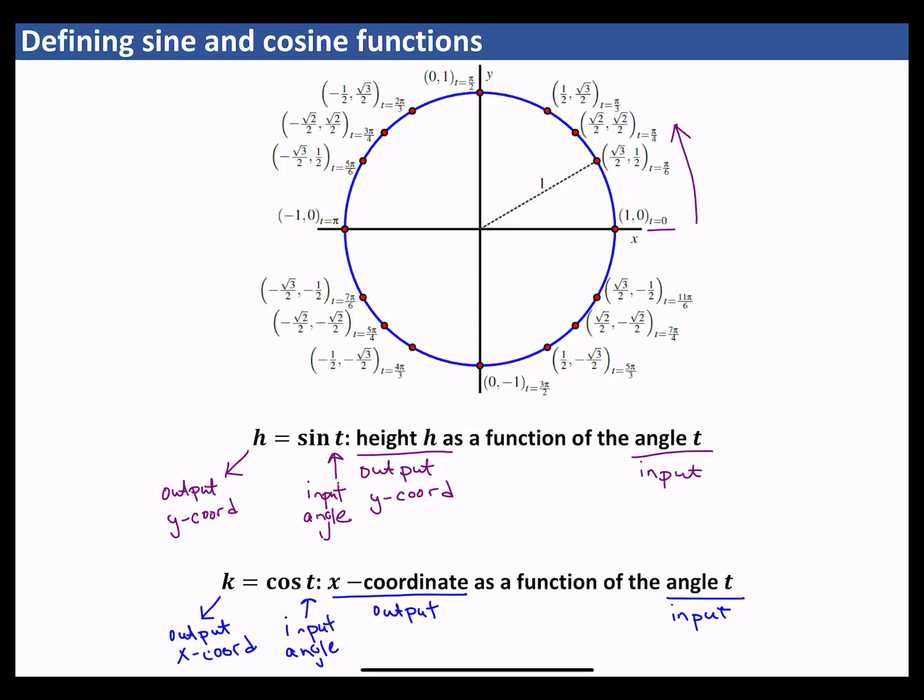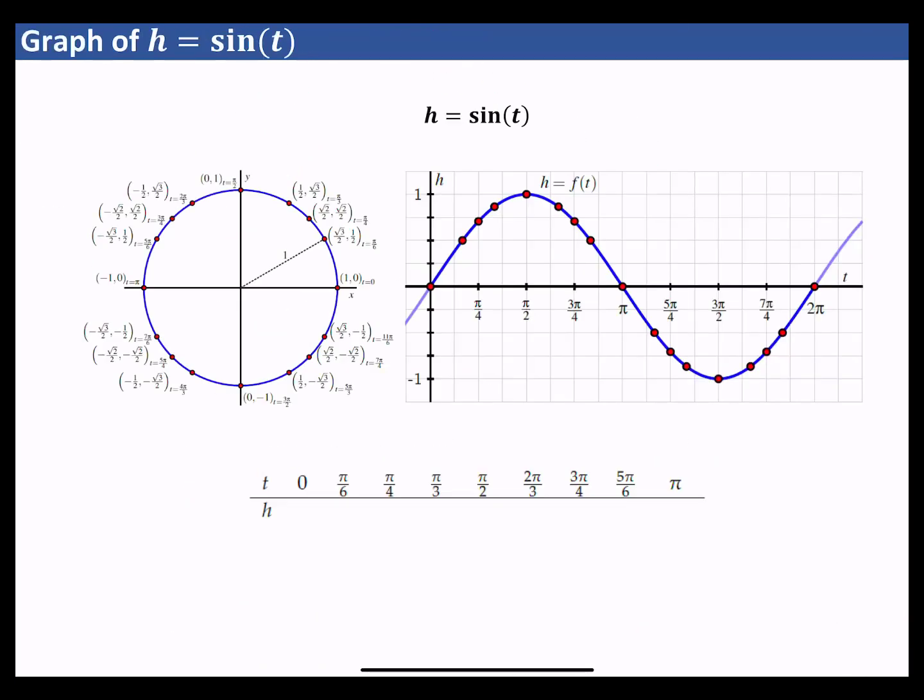So let's look at the sine function a little more closely to get an idea of what its graph looks like. We know that the sine function is going to have outputs that are y-coordinates on the unit circle. Referring to the unit circle, we notice that at an angle of pi over 2, the y-coordinate is 1. So we can say that the sine of pi over 2 equals 1.